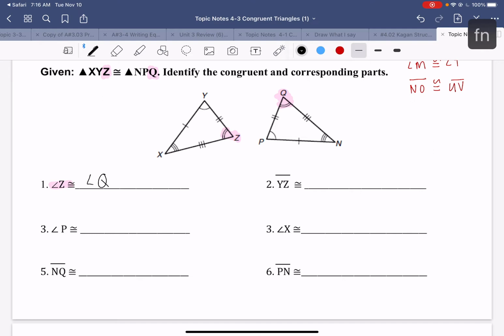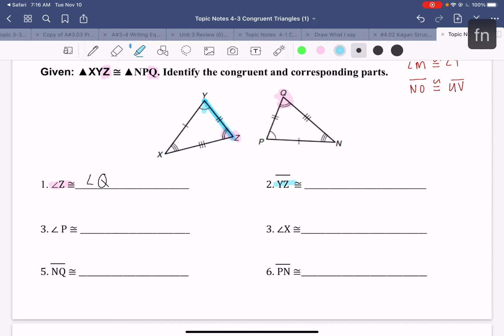Number 2, YZ. I go from one angle covering to two angle coverings, so it does matter what order you put this statement. I'm going from the angle that has one tick mark to the one with two.